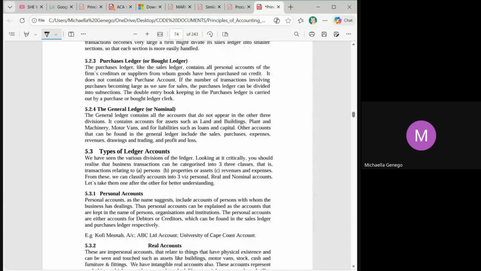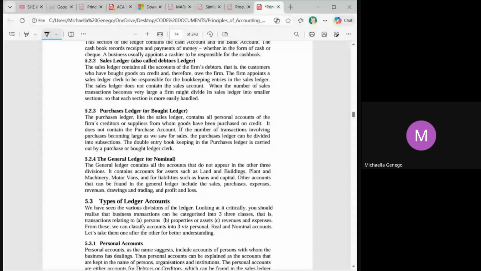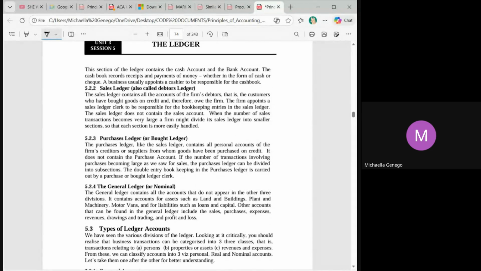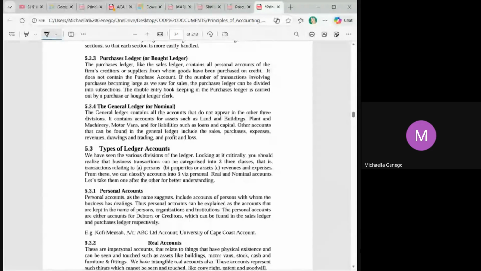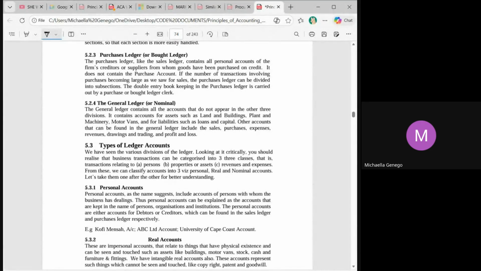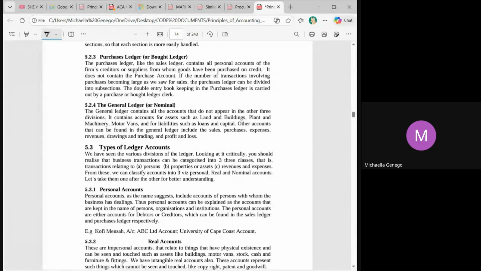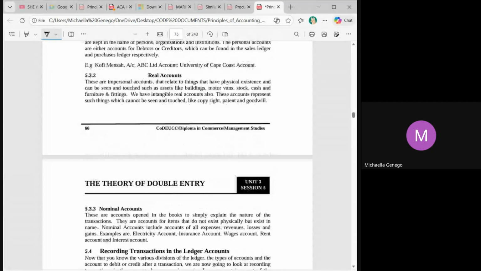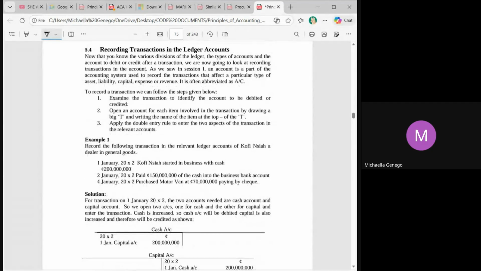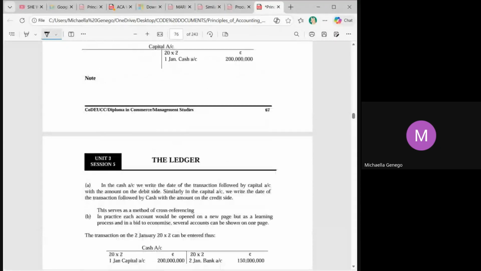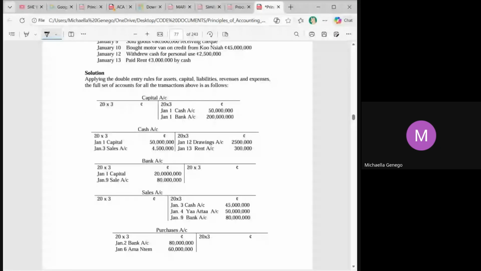So we have types of ledger accounts. As we've been seeing, we have the sales ledger, the purchases ledger, and the general ledger or the nominal ledger. So these ones you can read over. Our question is going to take a lot of time, so I want us to move into that one.